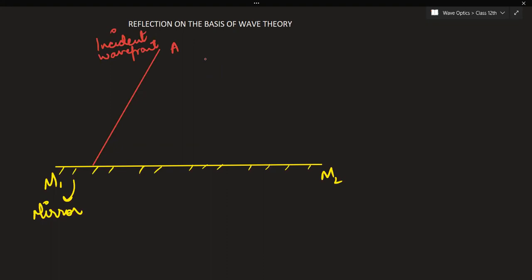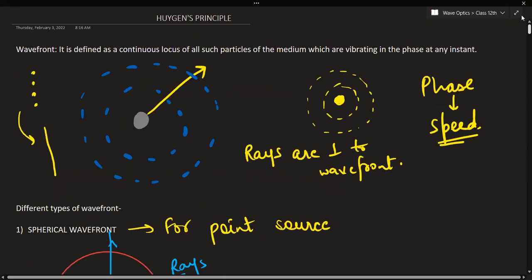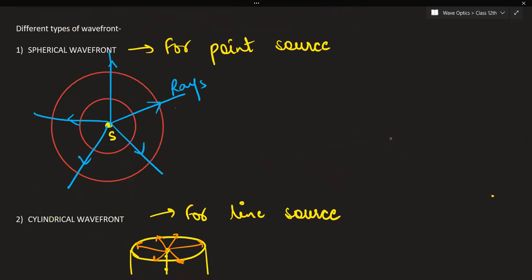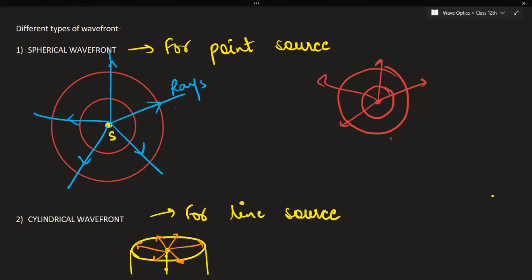Let's say you have an incident ray also. The incident ray will also be there, no? And how do you write the incident ray? Incident rays are always drawn perpendicular to the wavefront. Remember when we did all these? Rays are perpendicular to the source. If this is the source and this is the wavefront, then these are the rays that I used to draw. So rays are always perpendicular.